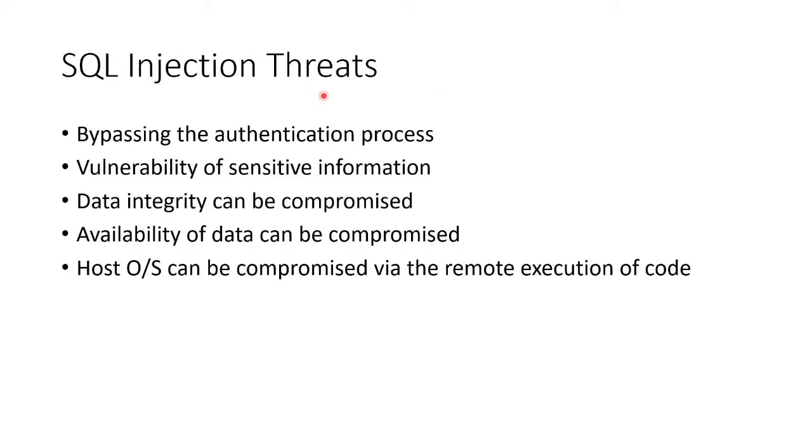So, some of the threats. We can use it first and foremost to bypass authentication, to discover sensitive information, to compromise data integrity, and compromise availability of data, and possibly even compromise the host operating system because of remote code execution.